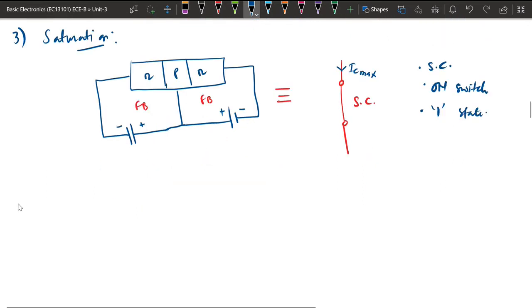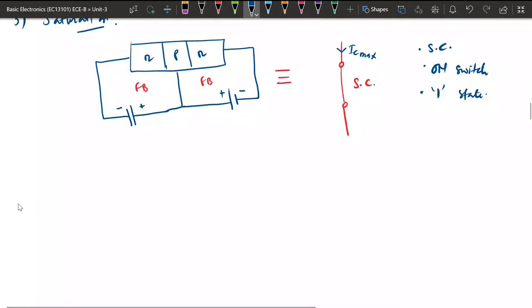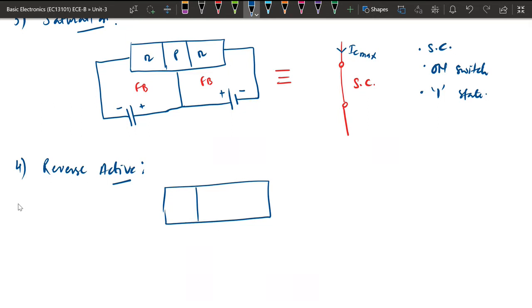And the last one is the reverse active mode. In reverse active, this junction should be reverse bias and this one should be forward bias.